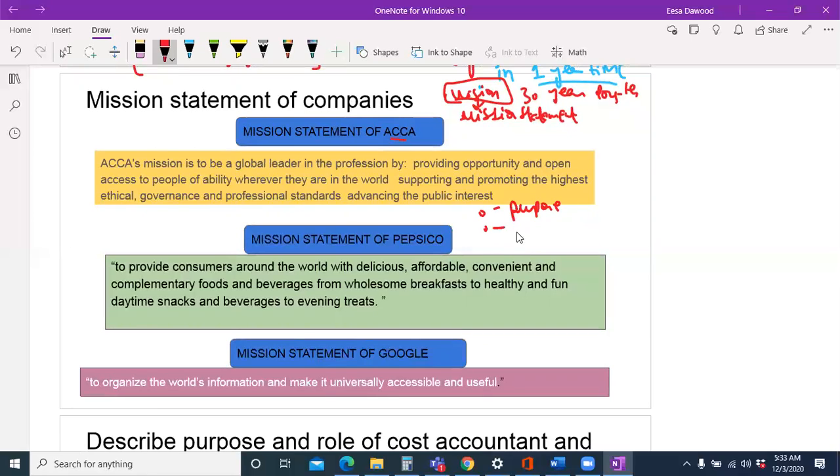It also tells you about your customers, and information about the product, service, or your target market. It's just a generic statement, not a quantifiable goal. You never find quantification of your objectives or goals in a mission statement.